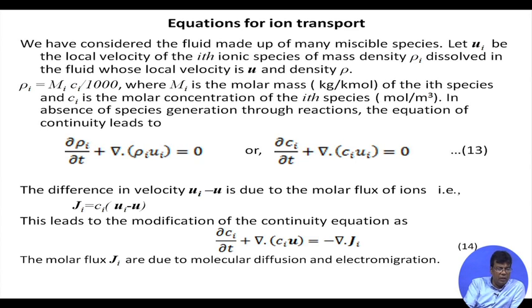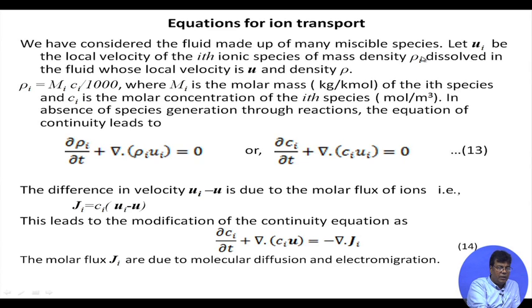Now, we are talking about a multi-component fluid. So, let an ionic species have a velocity u I and mass density rho I, dissolved in a fluid medium whose local velocity is u and density is rho.